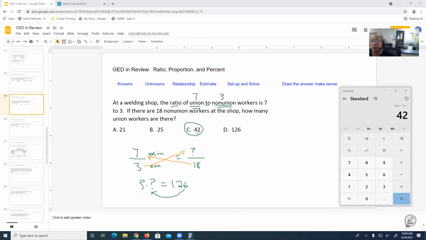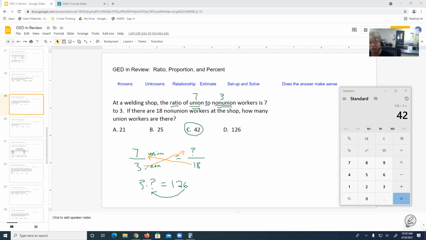So some things to also pick up on: just looking at the original ratio, there's 7 to 3. So over here, if there's 18:9, then there's got to be more than 18 that are union workers. Well, all these answers are more than 18, so that really doesn't help us a whole lot.